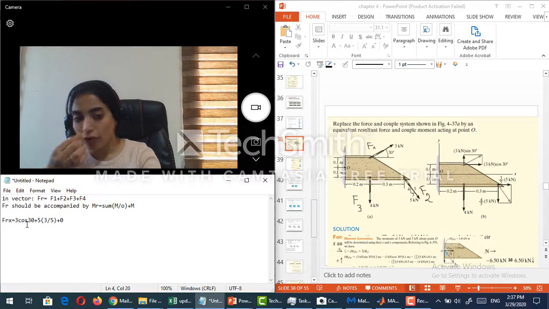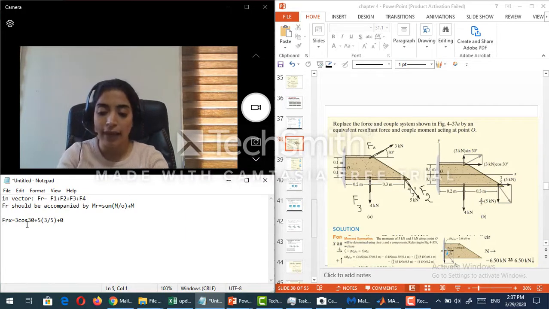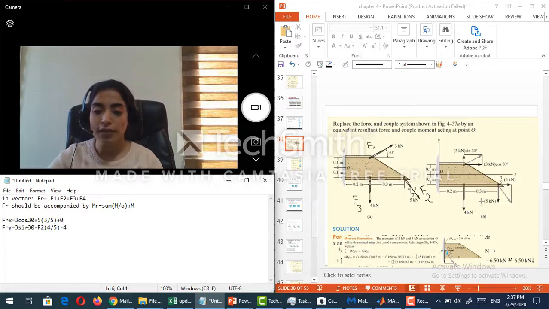So this is FRX. Now, what is FRY? FRY is basically 3 sine 30 minus F2, because it is in the negative side, 4 over 5, minus 4 Newton. So this is FRX and FRY.